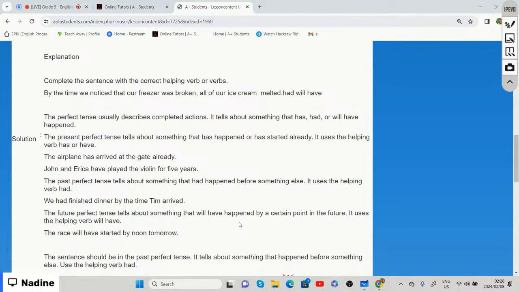And we see that these perfect tenses describe complete actions, right?